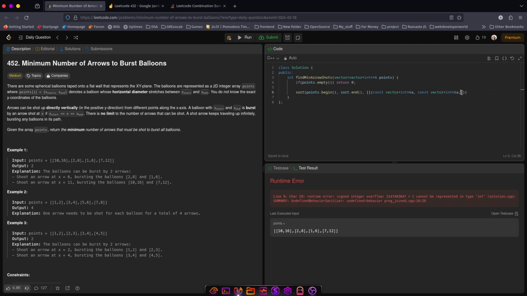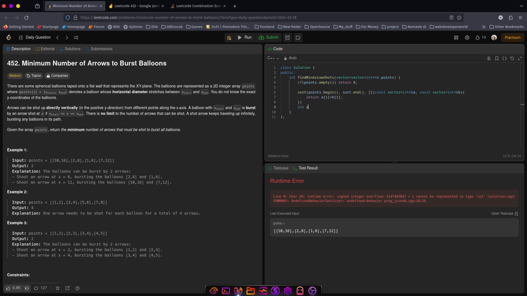If a1 is less than b1, it will be in ascending order.